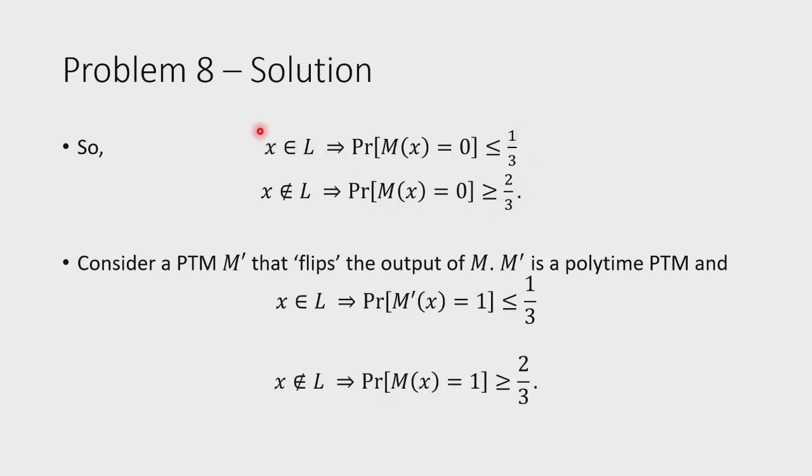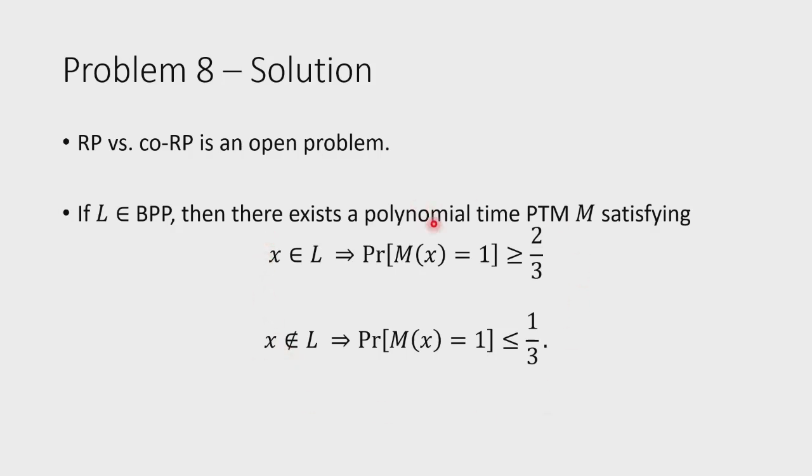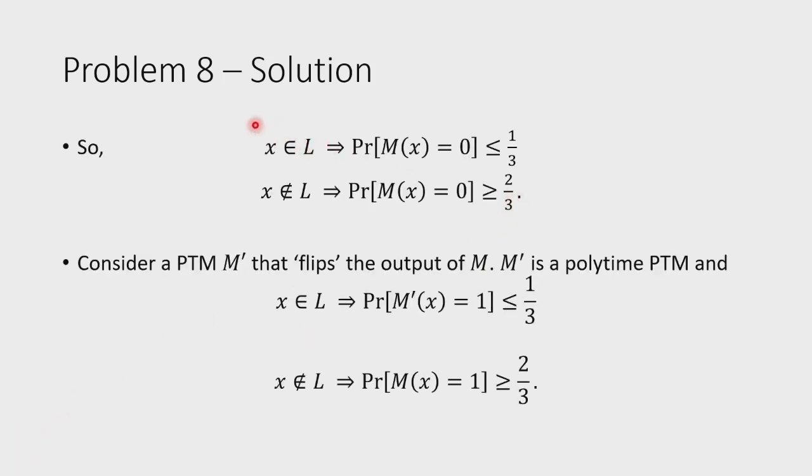Is it clear how we arrived at these two statements from the previous two? Right, we took their negation, and we used the fact that M(X) has just two outputs, 1 and 0. Now, what are we going to do? We are going to flip.